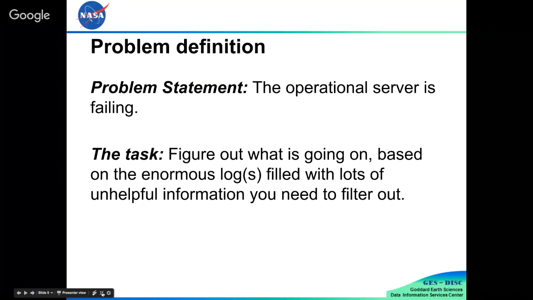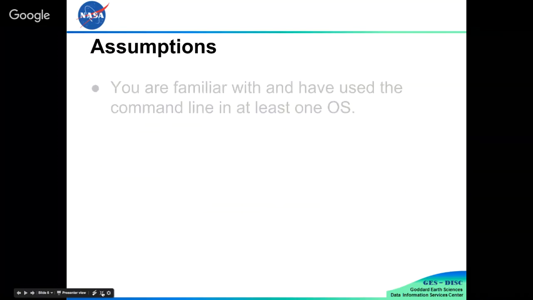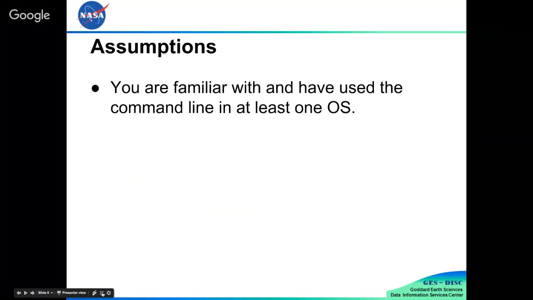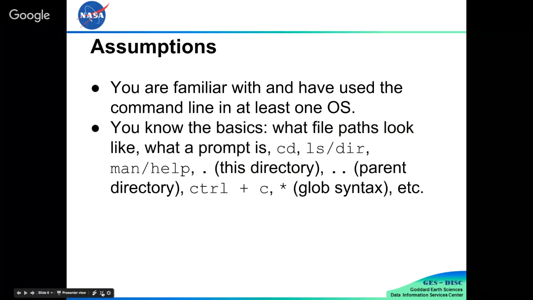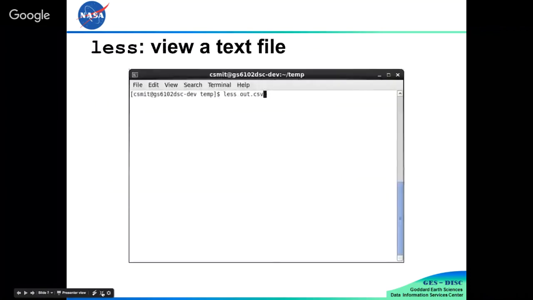Anybody else had that experience of Apache log filtering? Yes, okay, all right. So I'm assuming you're familiar with and have used a command line in some OS somewhere, so you're familiar with things like cd, ls, glob syntax, the basics.